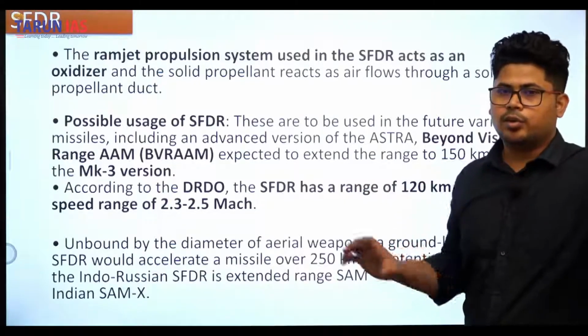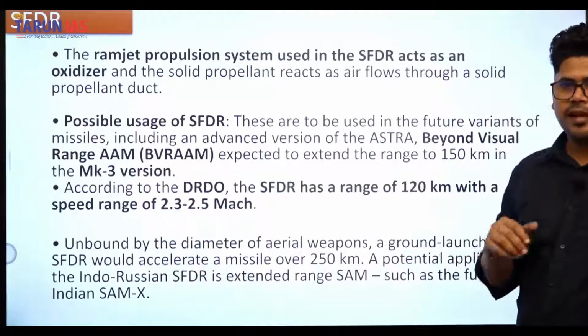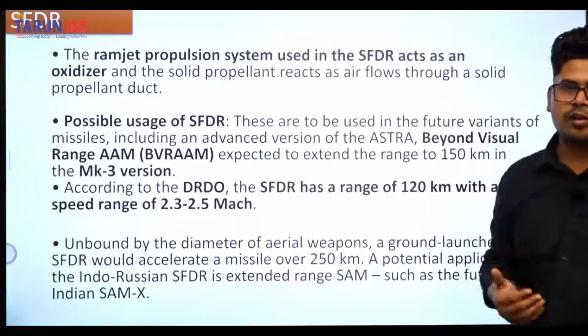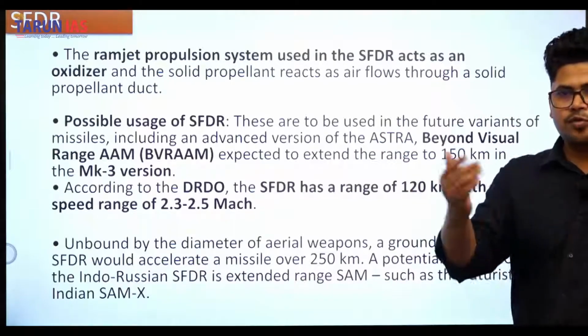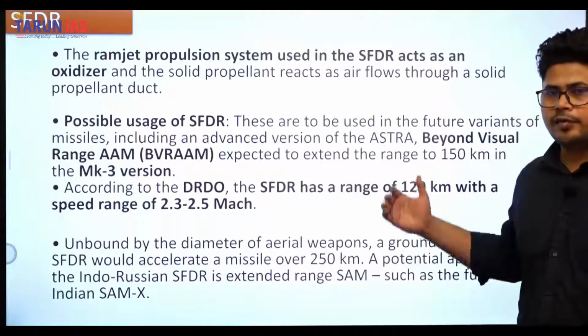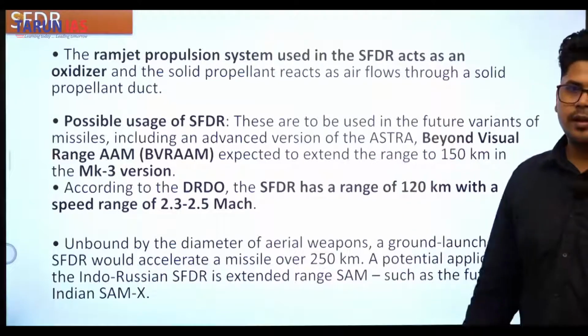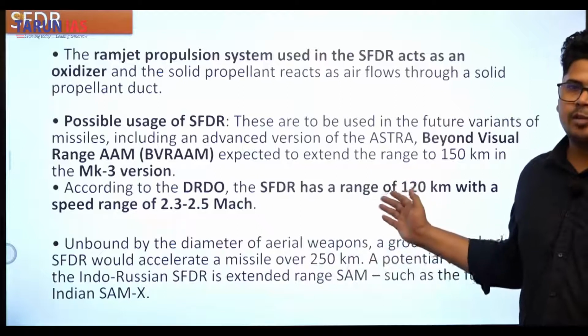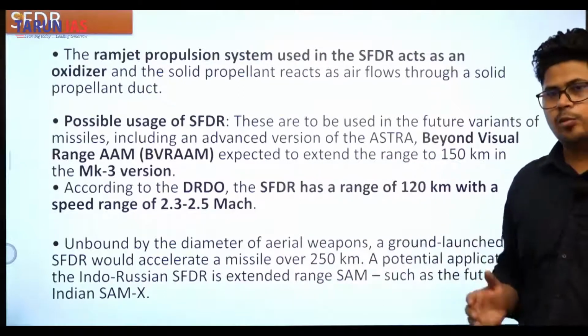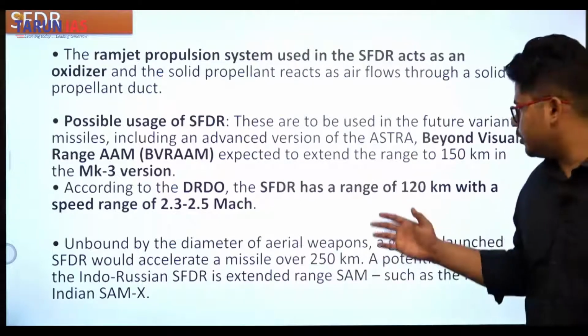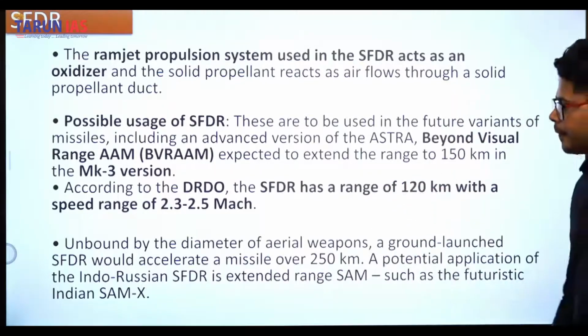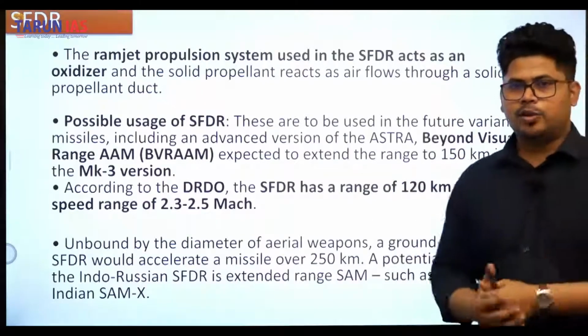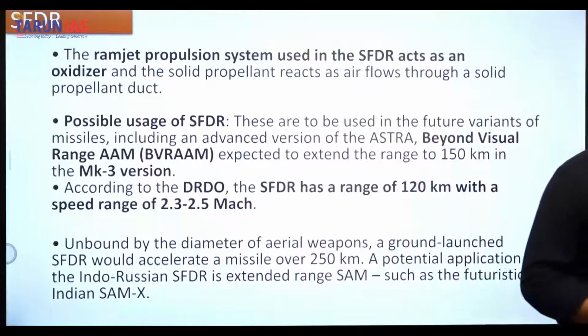So it can be used for long range or beyond visual range. It has 150 kilometers in the MK3 version, and a range of 120 kilometers with a speed range of 2.3 to 2.5 Mach. I hope that was all for SFDR technology.